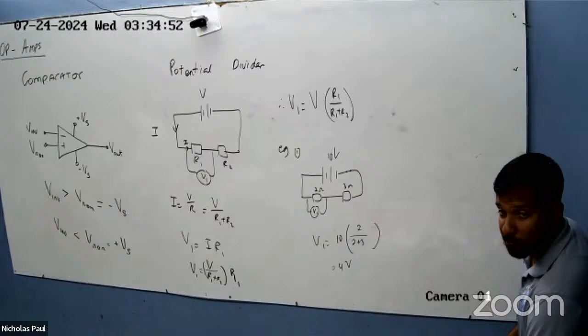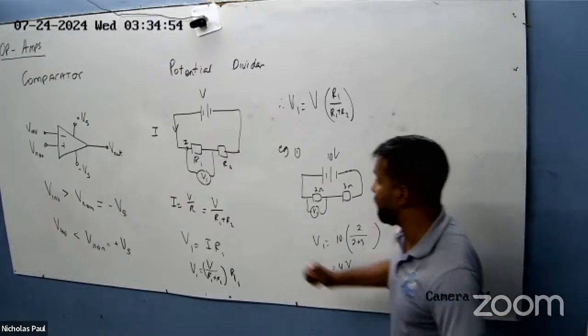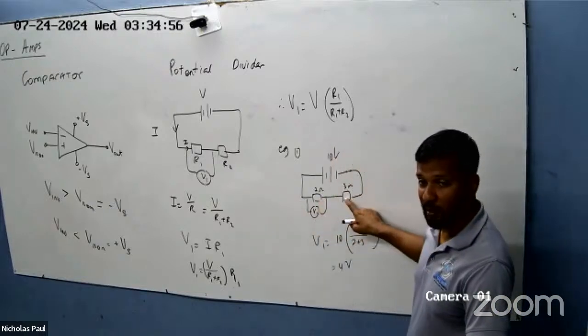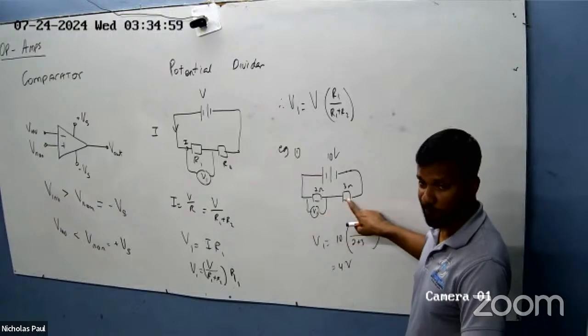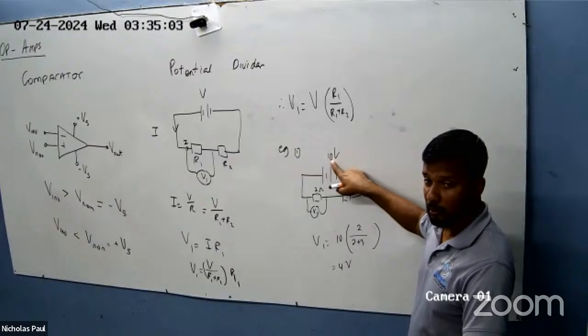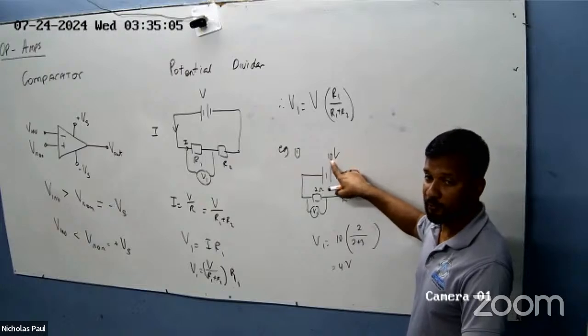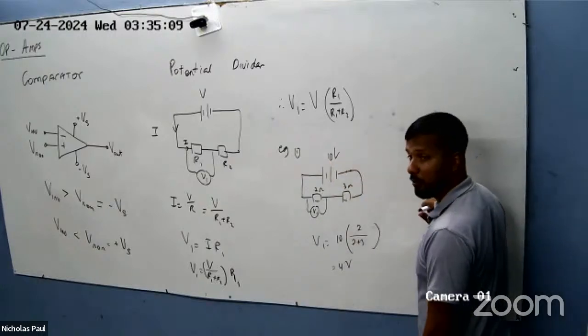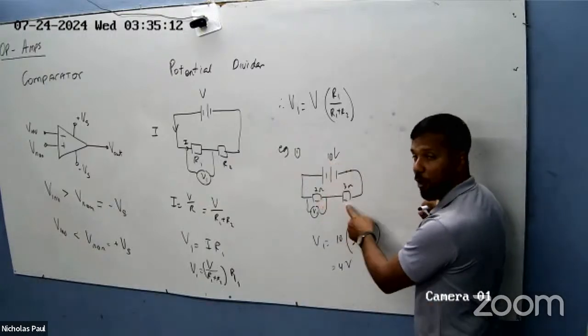That's it. Okay? So the voltage here is 4. What's the voltage here earlier? Here is 4. Here is 10 and here is 4. How much is here?